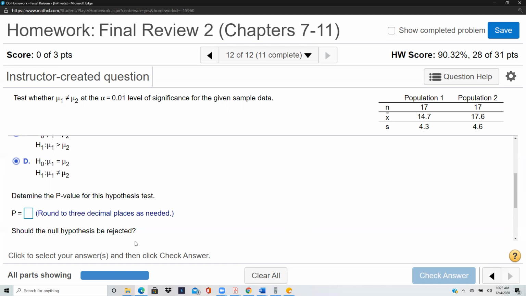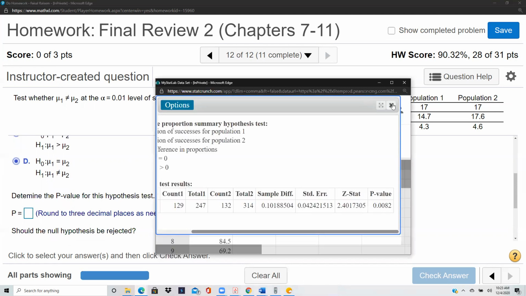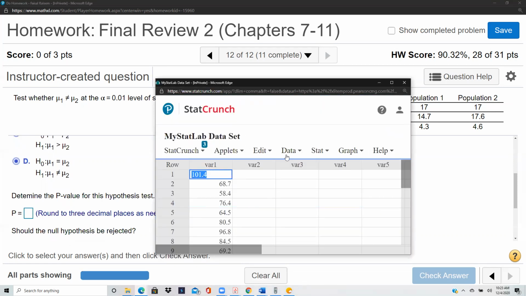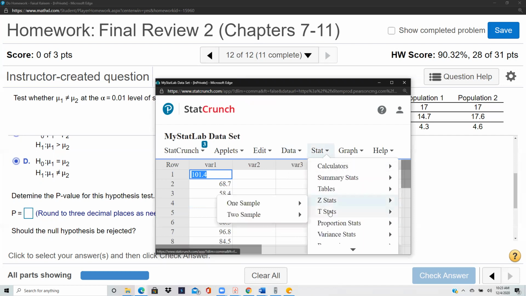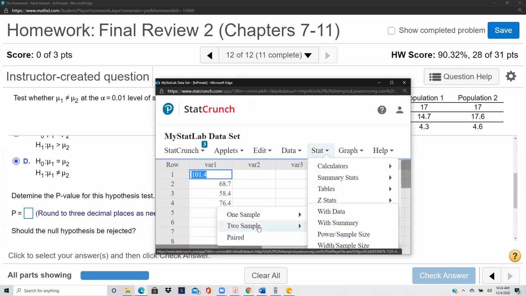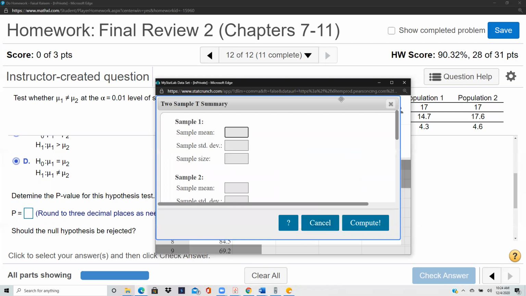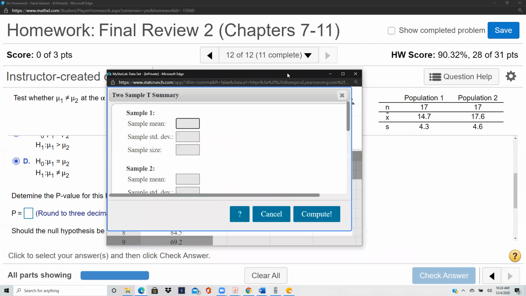Okay. T stats, so two samples. Yes. Stats, t-stats, two sample with summary. So what do I enter?